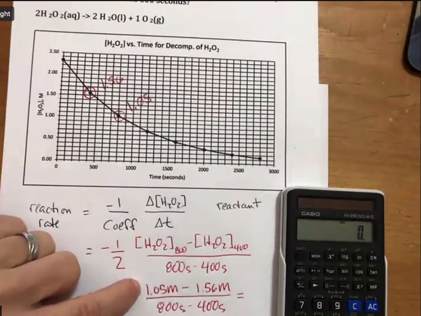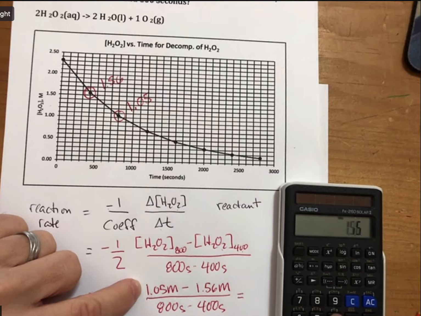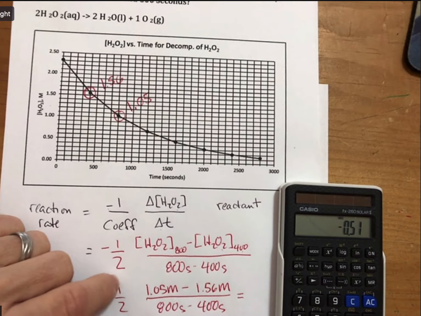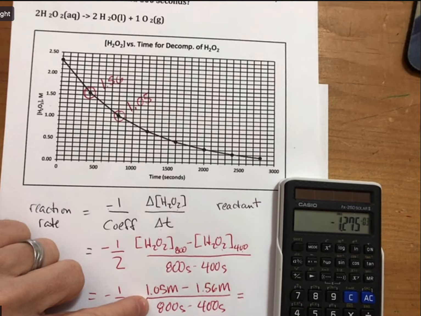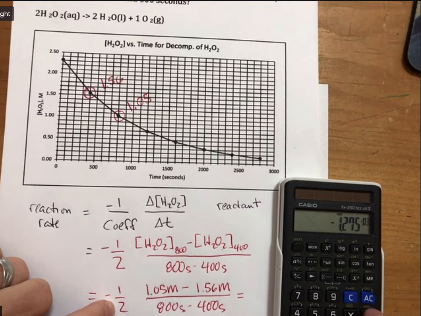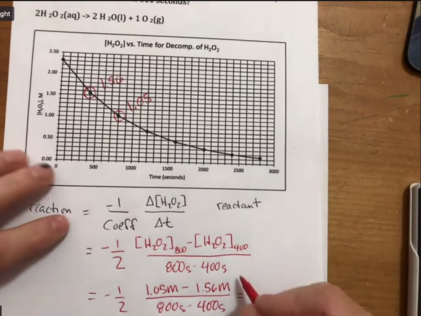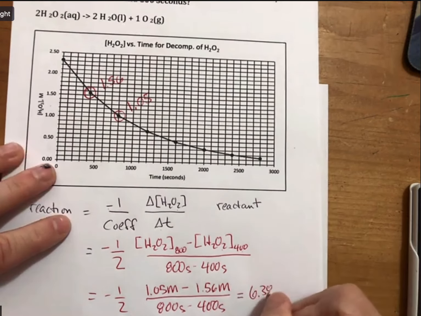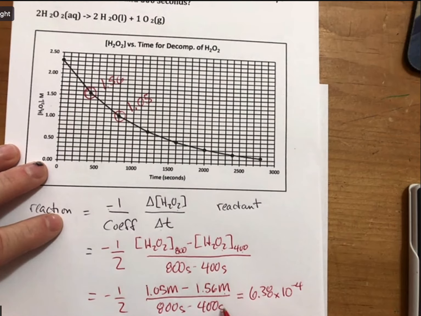I get 1.05 minus 1.56. Negative number divided by 400 divided by 2, and then take away the minus sign. I get 6.38 times 10 to the minus 4th. And my units are molarity per second.